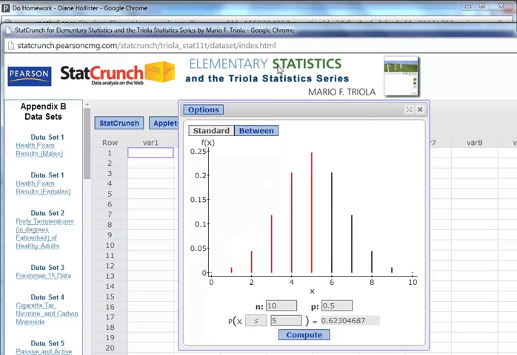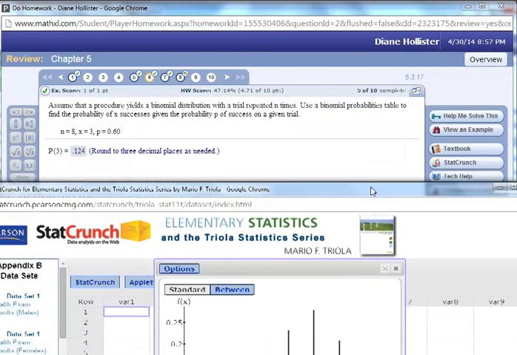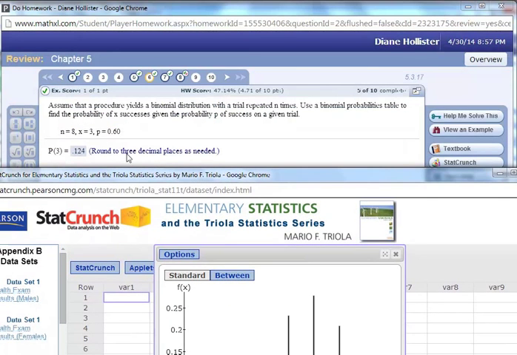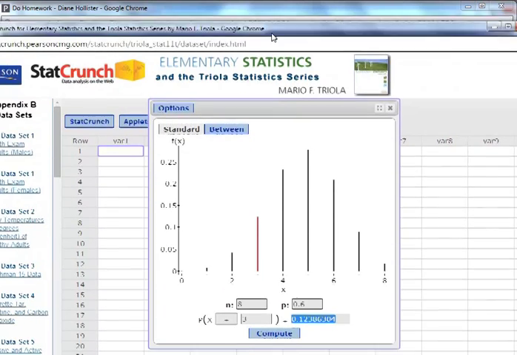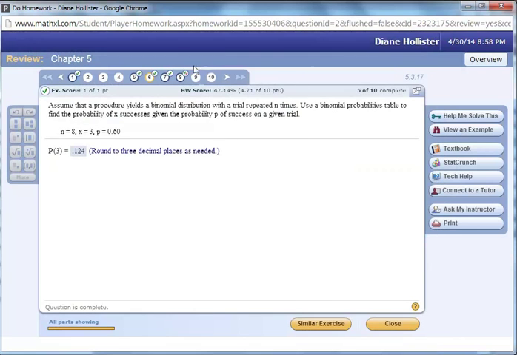So we're going to go to our software, we're going to enter 8, 60%, and we want to know exactly the chance of 3. Be careful that you choose the proper value in the drop-down menu, and it's already computed it for us. It's about 12.39%. So again, you can log back in here. It says round to 3 decimal places, so we're going to put 0.124. Okay, great tool, easy to use.